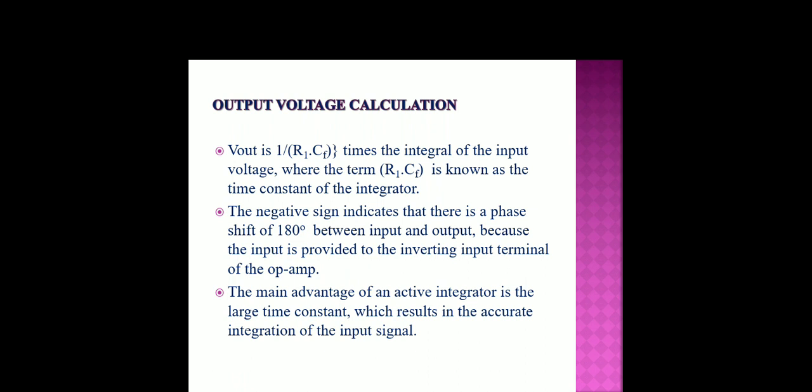Because the input is provided to the inverting terminal of the op-amp, this is known as an active integrator, because the op-amp is inverting, and its main advantage is a large time constant, which results in the accurate integration of the input signal; that is, at the output we can get an accurate integration of the applied input.